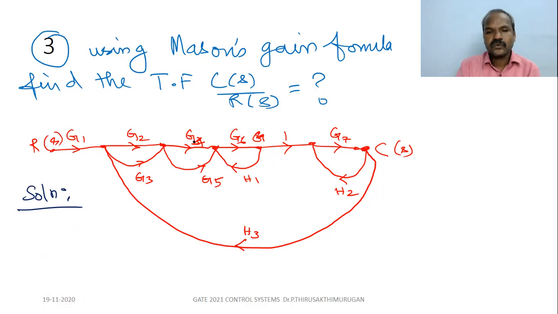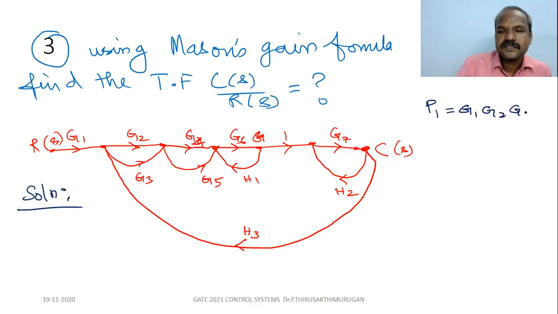G1, G2, G4, G6, G7. This is one forward path. So what is P1? P1 is G1, G2, G4, G6, G7.